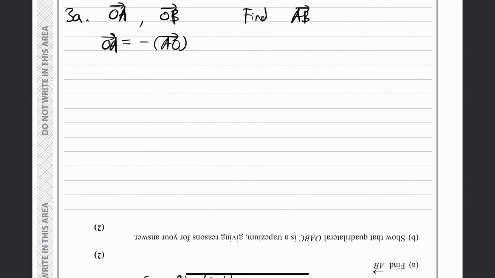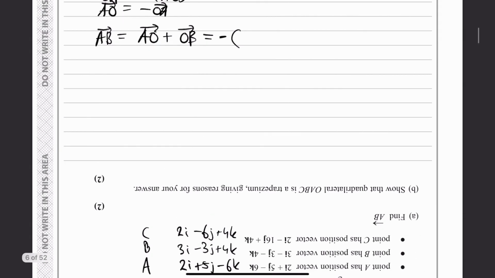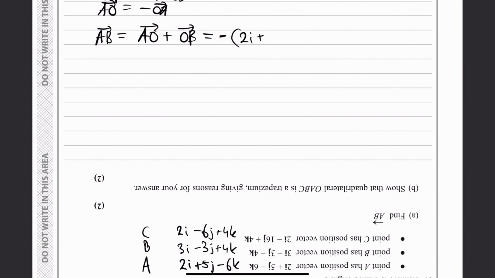So we can work out AB is equal to AO plus OB. Not too difficult, and we've got AO is going to be negative OA, which is 2i plus 5j minus 6k.